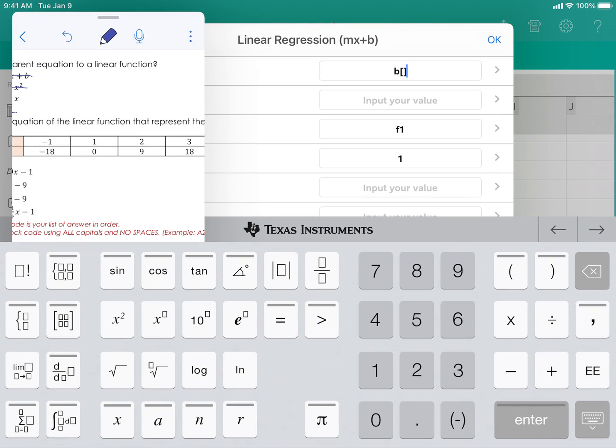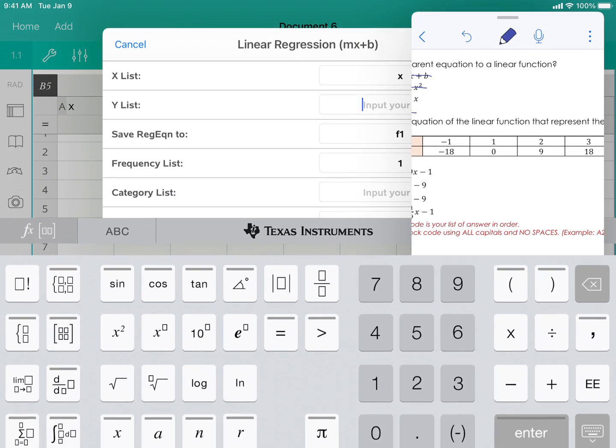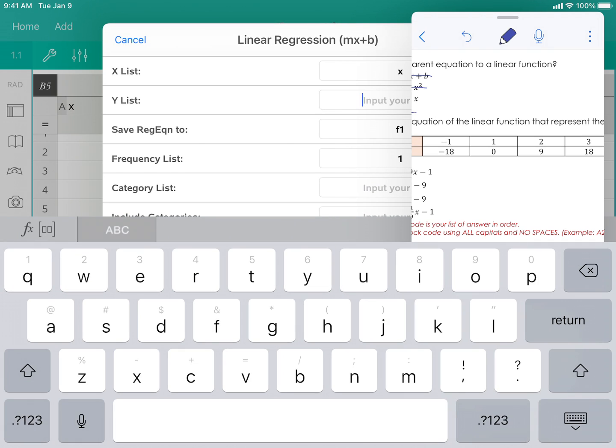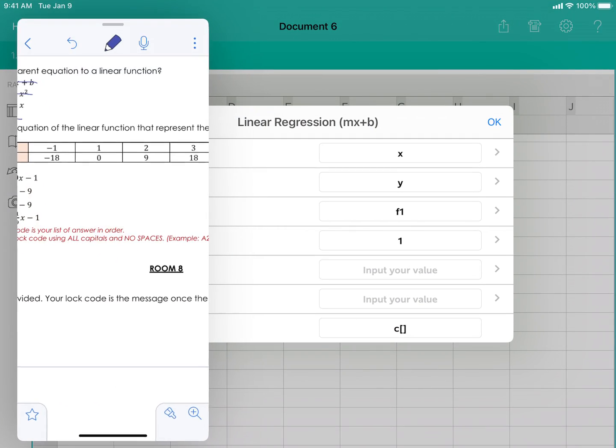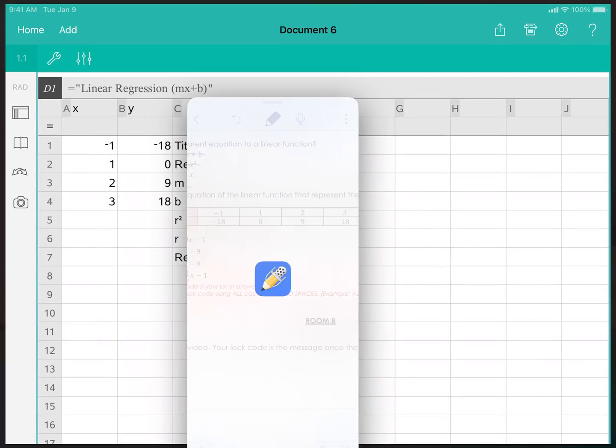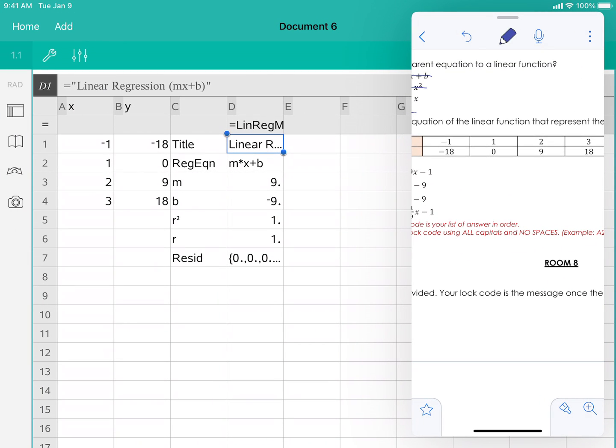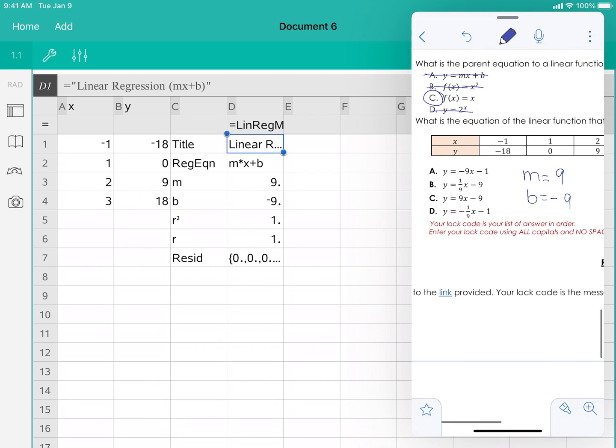Next to y list, I'm typing in y. And it tells me that my m is 9, my b is -9. Looking at my answer choices, that tells me that my answer should be answer choice C.